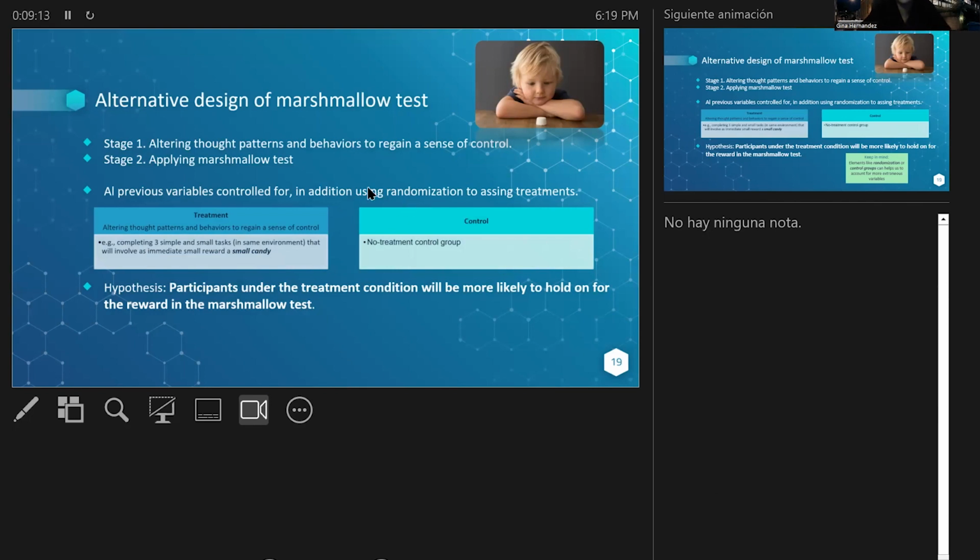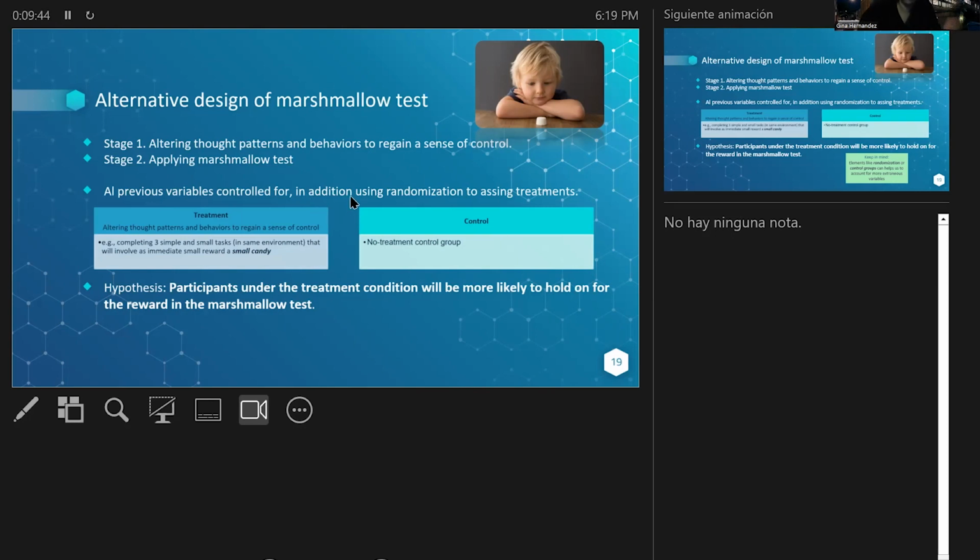So for example, in a first stage, we can try altering thought patterns and behavior in order to make the children regain a sense of control, and in a second stage, apply the marshmallow test. Obviously in this design, all previous variables should be controlled for.